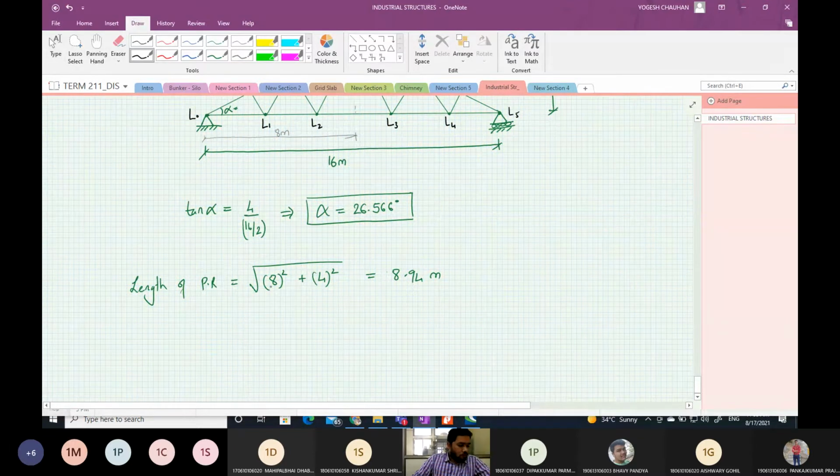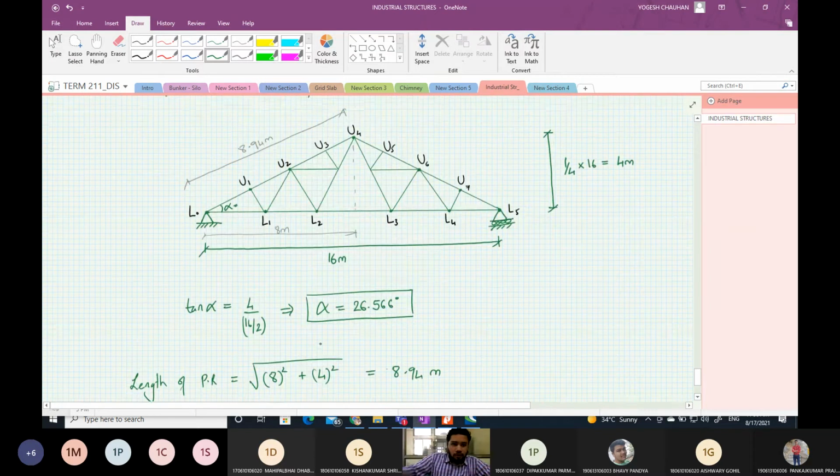So length of each panel will be equal to 8.94 divided by 4. These are all actually equal.